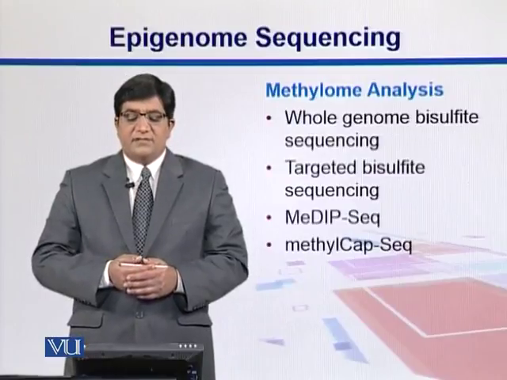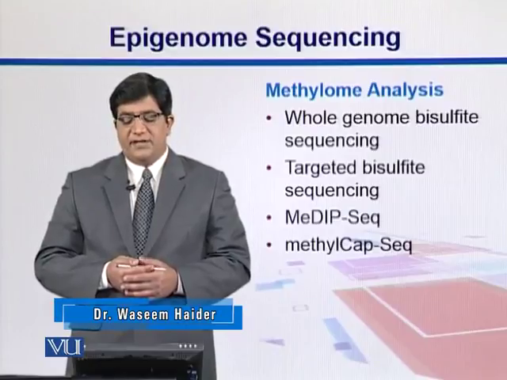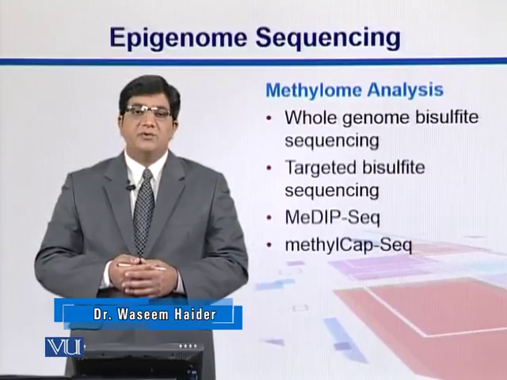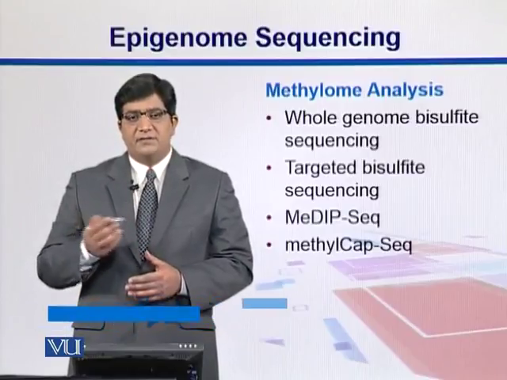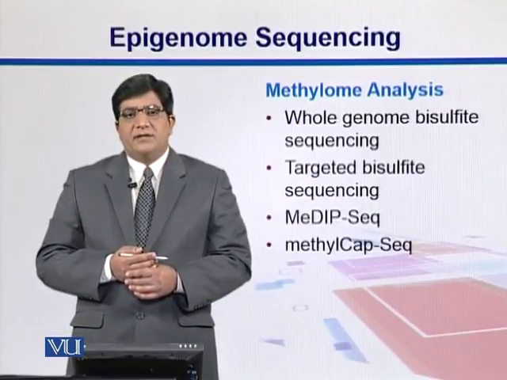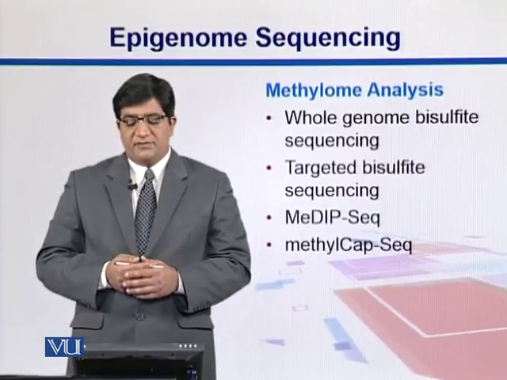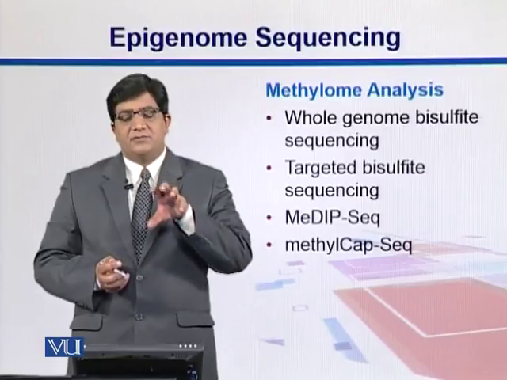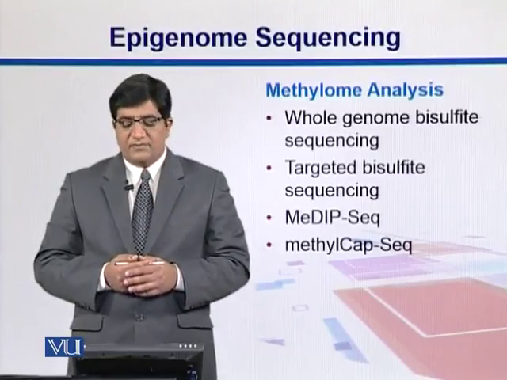The analysis of these methylation patterns is called methylome analysis. There is a technique called bisulfite conversion. We can use that on the whole genome, which we call whole genome bisulfite sequencing, or we can target specific regions, which we call targeted bisulfite sequencing.